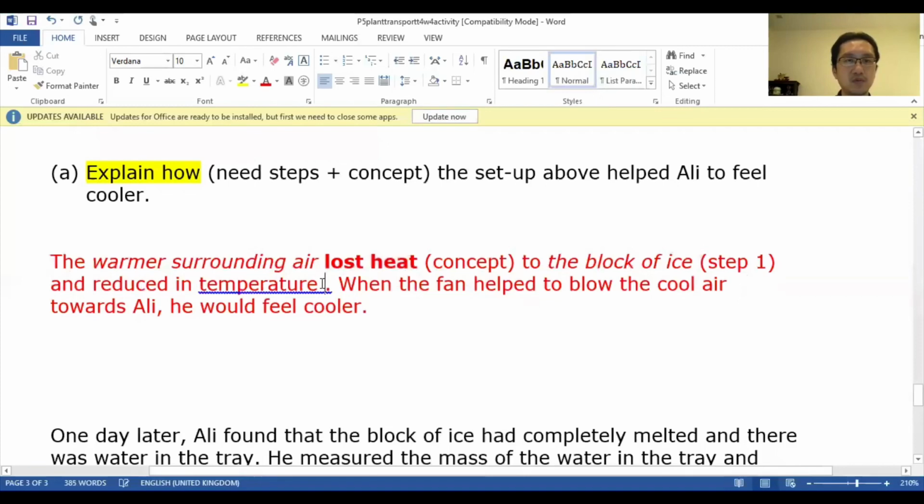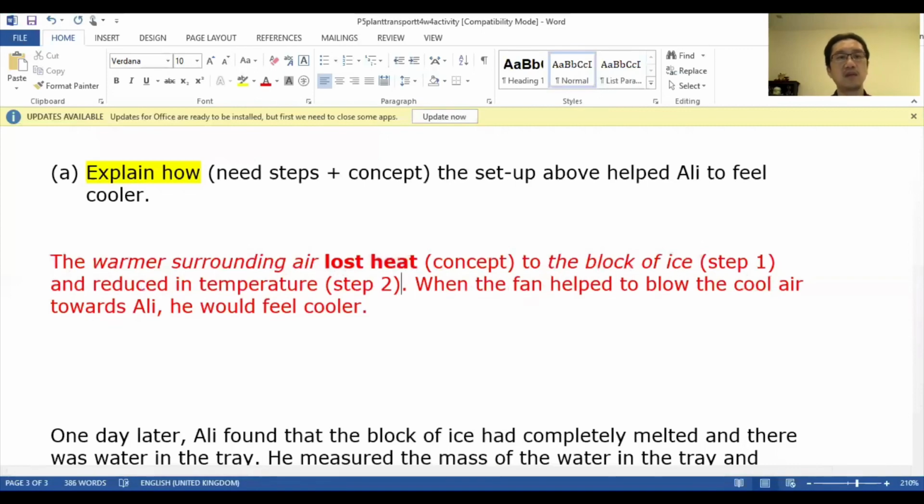Then step number 2, there is a reduction in temperature. Not forgetting, when the fan was blowing the cool air towards Ali, he would feel cooler. This would be step number 3.